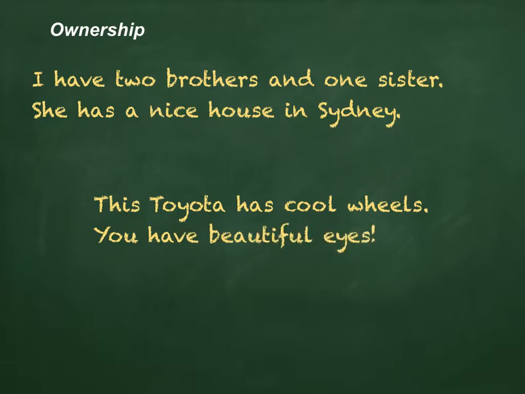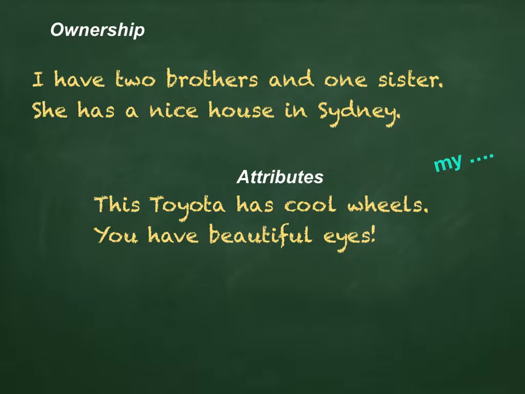The wheels or the eyes may be called attributes of the car or the person we're talking about. In fact, they are almost the same as the top ones. For any of these, you can change it to my brother's, or your money, or her house, for example, and the car's wheels, and your eyes.